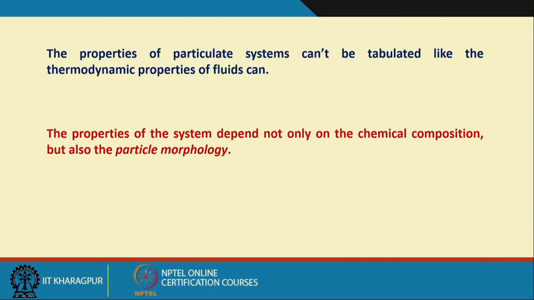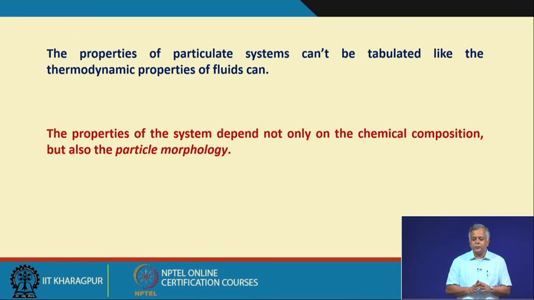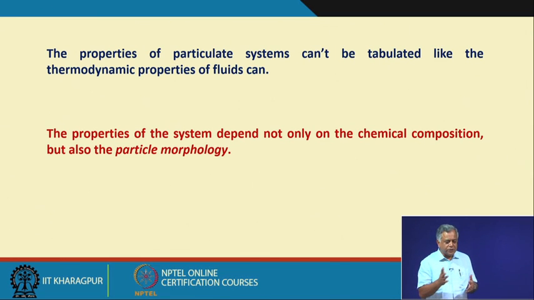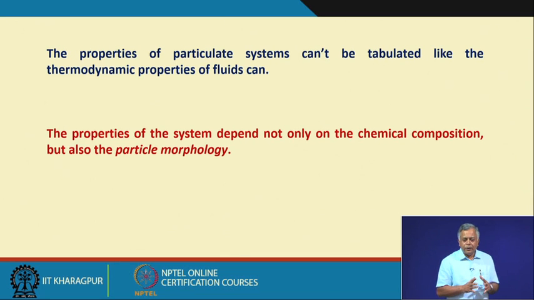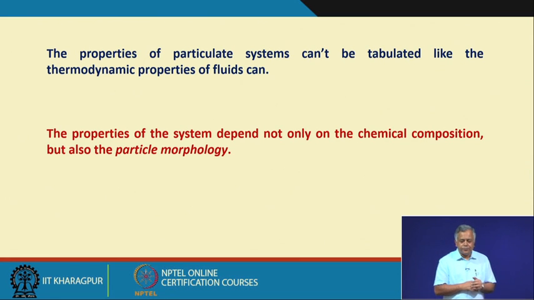So, the properties of the system depend not only on the chemical composition of all these particles. The sand is basically silicates, but it is the particle morphology that also controls the properties of the bulk solid, that is, the accumulation of all those sand particles. They have a different property as a bulk solid than the individual particles.